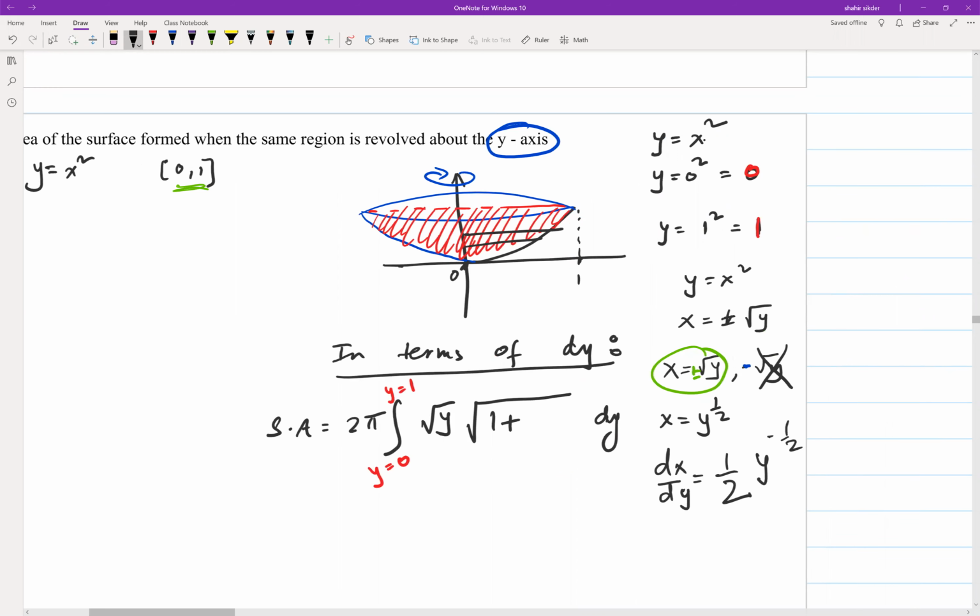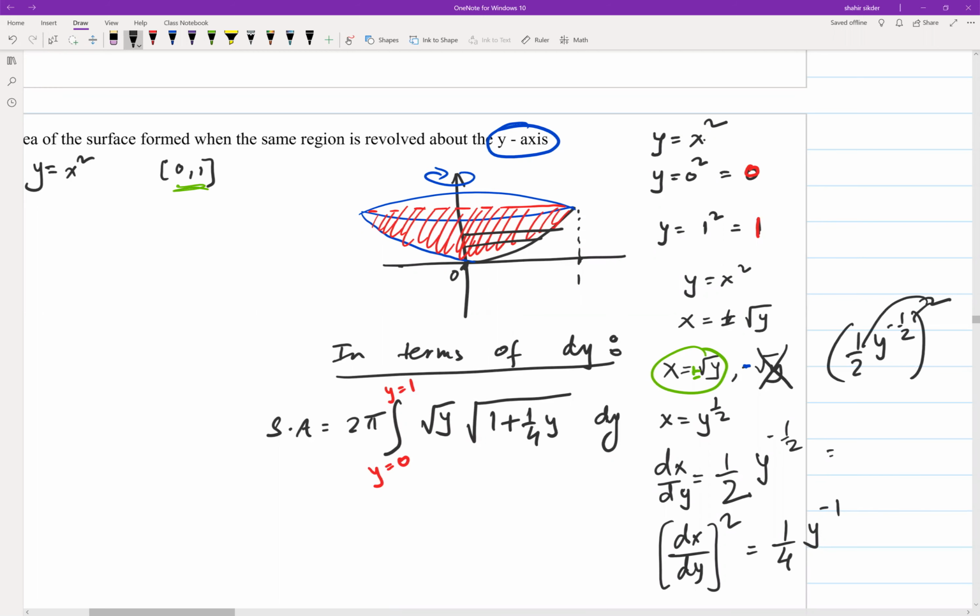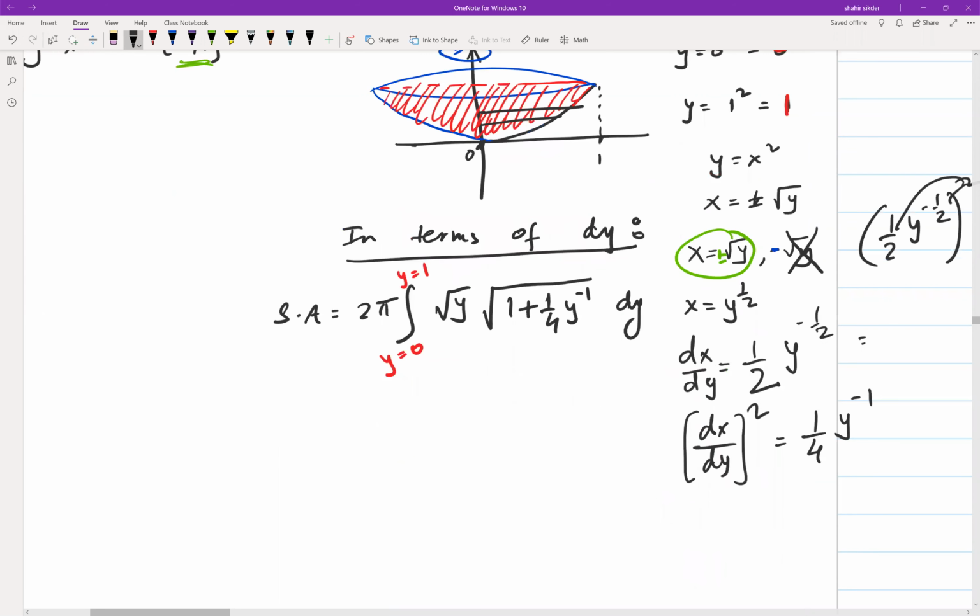Before I go to the cleaned-up part, the derivative should be squared. So it would be 1/4 y to the negative 1, because if I square 1/2 y to the negative 1/2, the square goes here and the square goes here. Let's write that out: 1/4 y to the negative 1. So here's my setup. Let's see how we would do this problem.